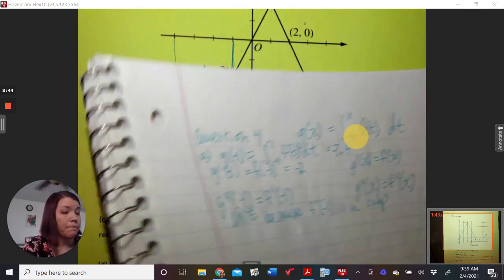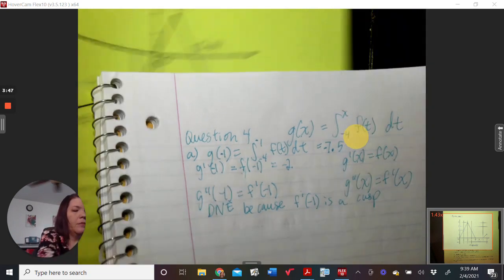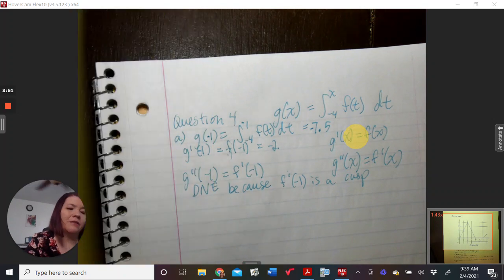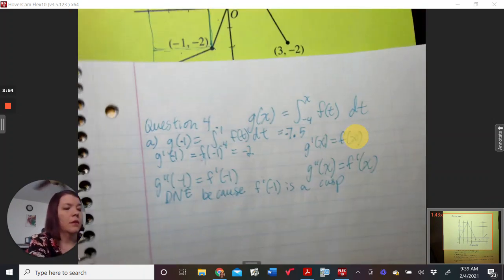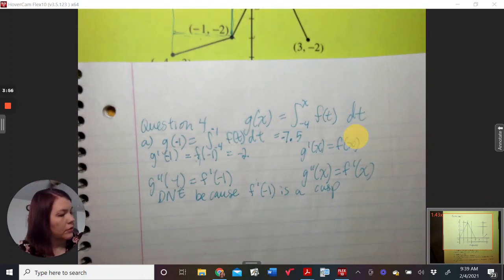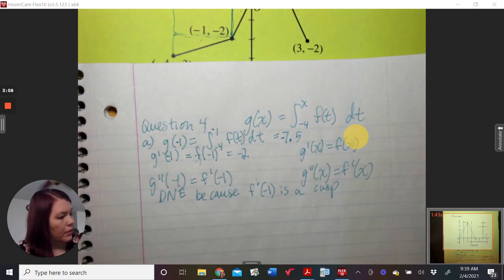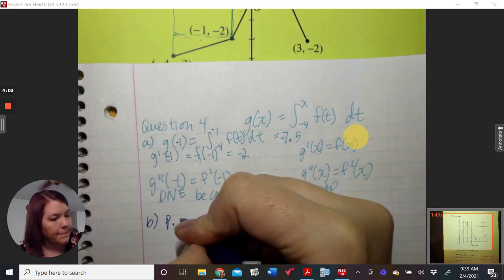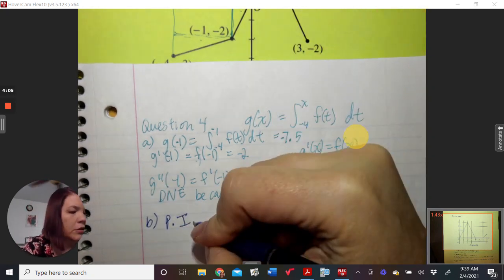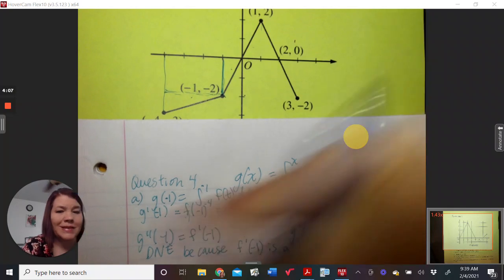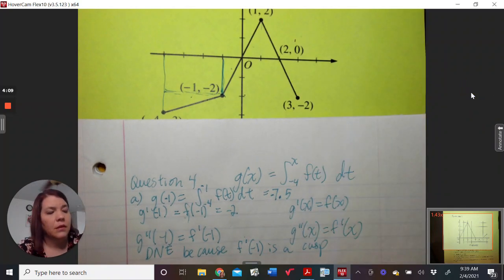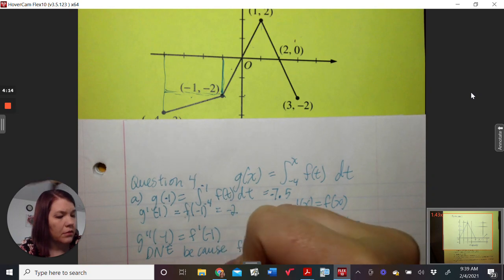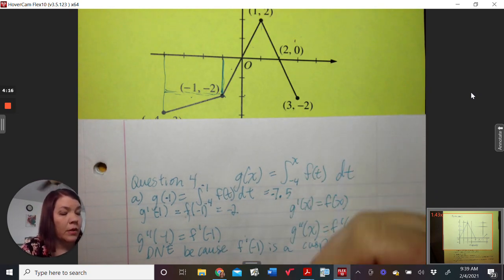All right. Part B. For the function defined in part A, find the x-coordinate of each point of inflection. So I want the points of inflection. Points of inflection occur when the second derivative is equal to 0 or undefined.